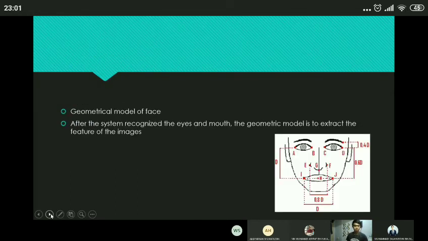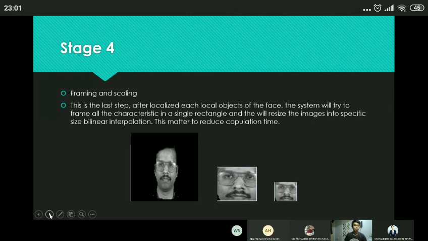And this is the third step, which is the geometrical face model. After the system has recognized the eyes and the mouth, the geometrical model is used to extract the features of the image. The last step is framing and scaling.